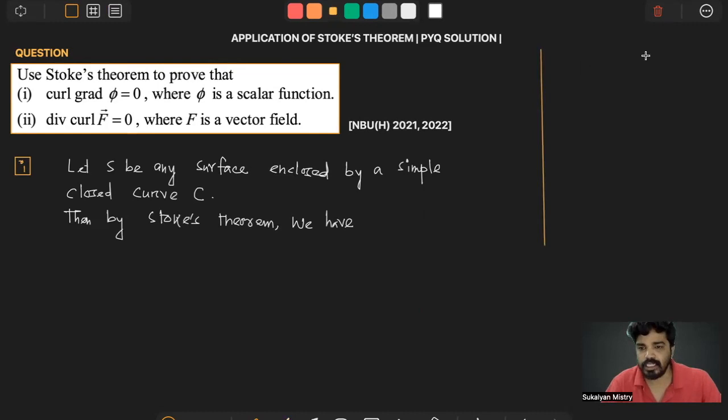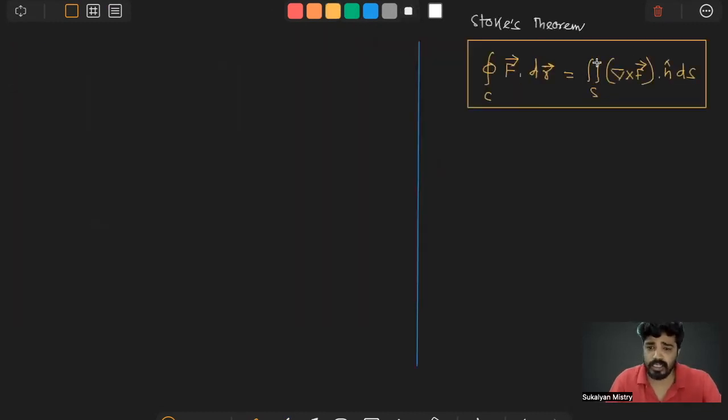Integration over C f dot dr is equal to double integration over S del cross f dot n ds.